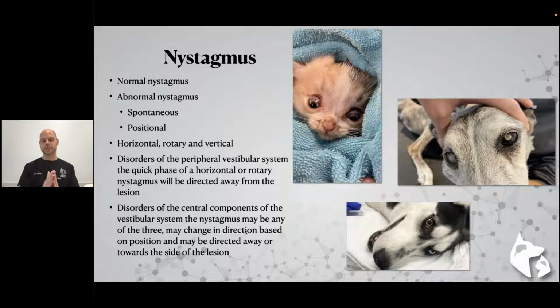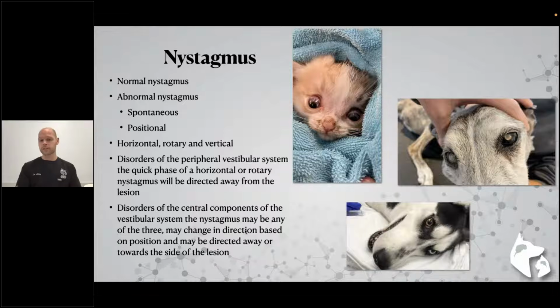When I talk to clients, I tell them to think about it like a clock hand twitching or going from 12 to 1 and back. It's most easily seen in large animals with their horizontal pupils, and cats with their vertical pupils, just because you can see it a little easier than in dogs, which have the round pupil. It makes it a little harder to see if you can't see their sclera there. And then you have vertical nystagmus, which is a true up and down.